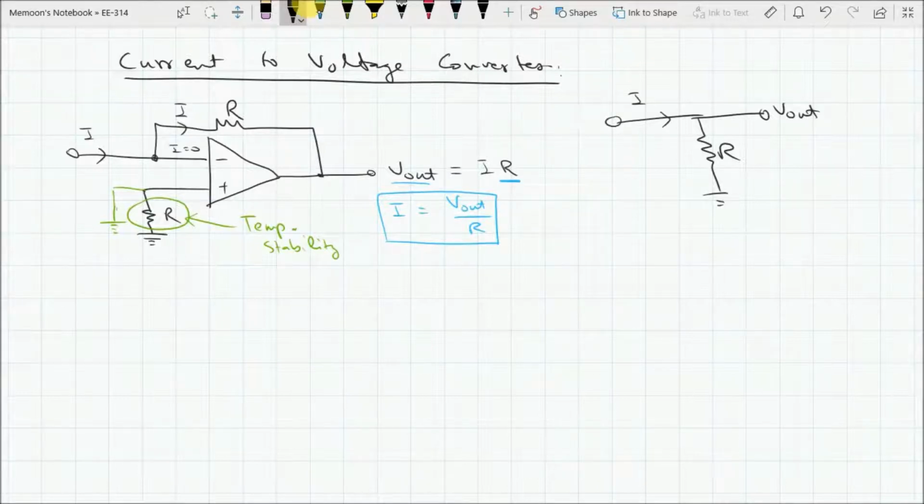The current will flow through this resistor, and a voltage will drop across this resistor, and that would be V out, and that would be equal to IR. So why connect this op-amp? Isn't it useless? Why can't you simply convert this current into a voltage by simply passing it through a resistor and taking the output voltage?